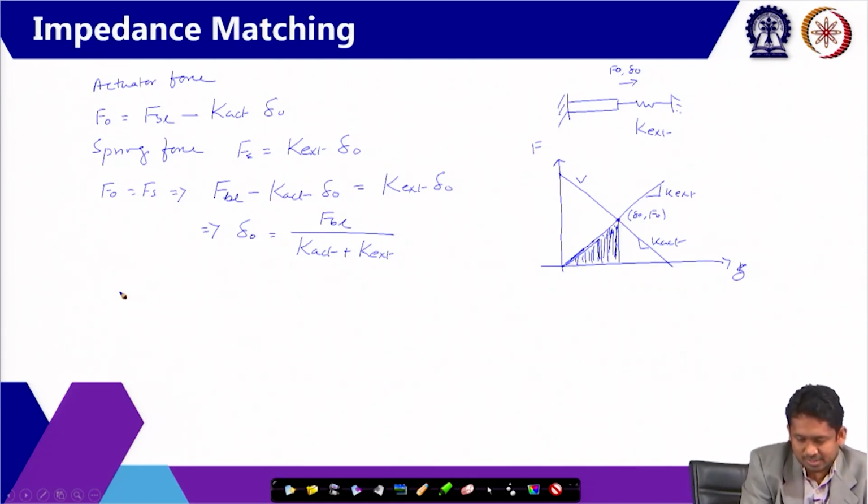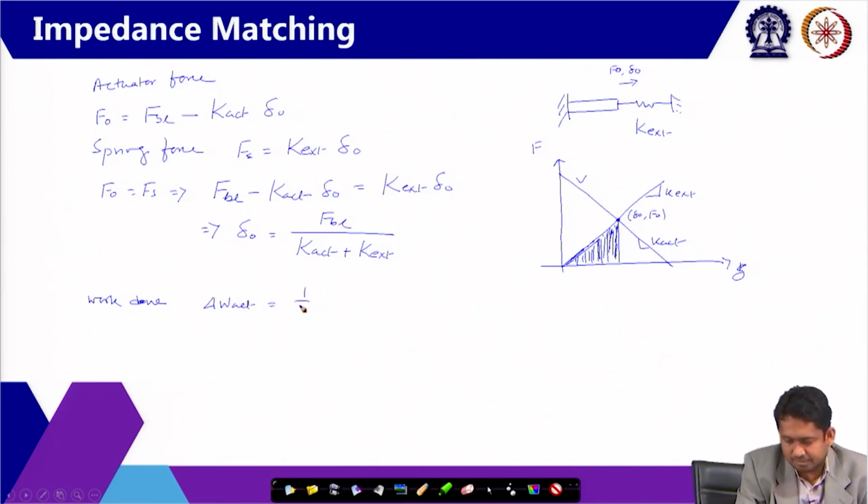So, we can say that work done by the actuator is half multiplied by delta 0 into V0, and with all these previous expressions we can write this as this.